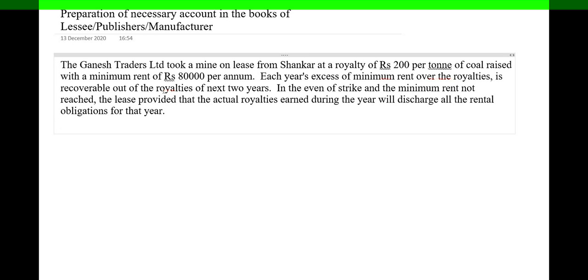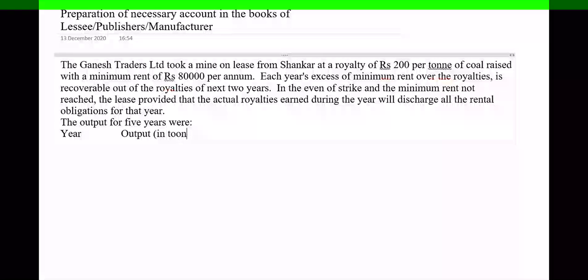The details are here. The output for 5 years, where year and output in tons.